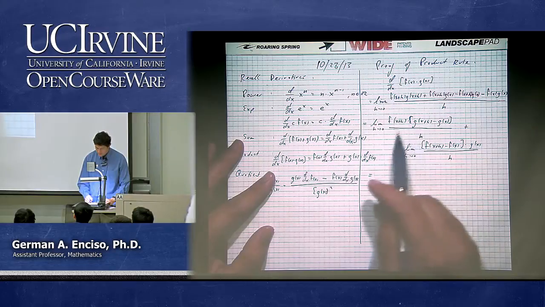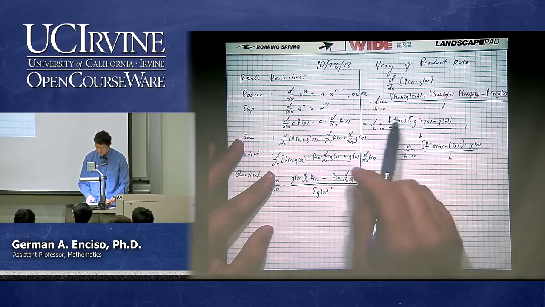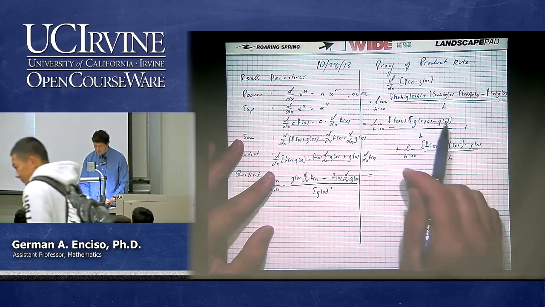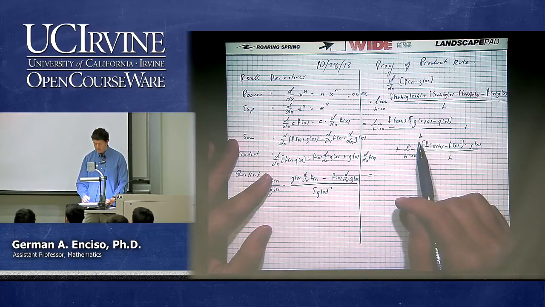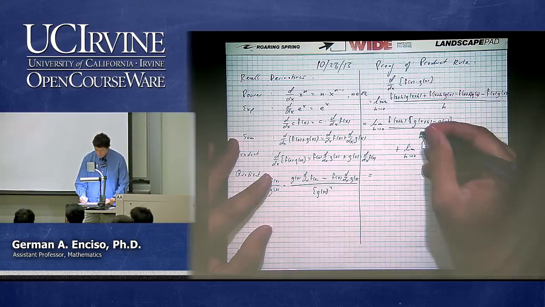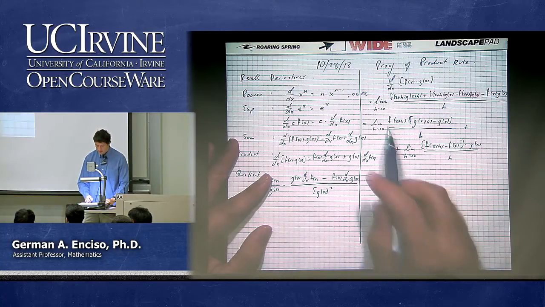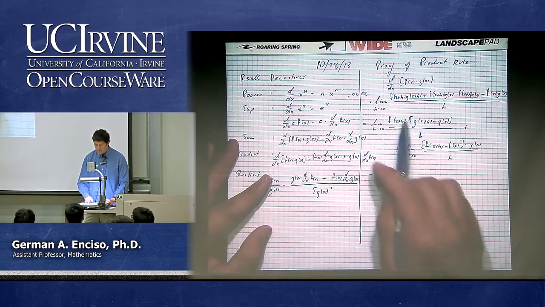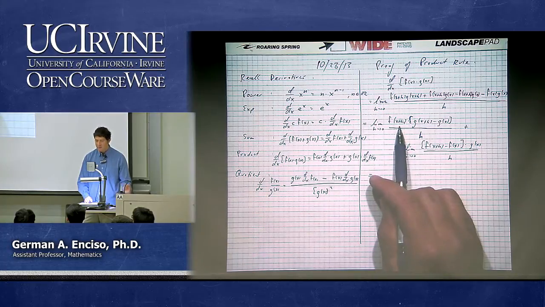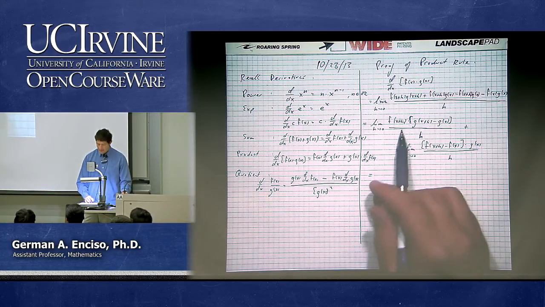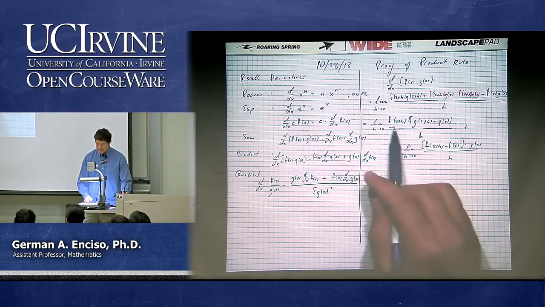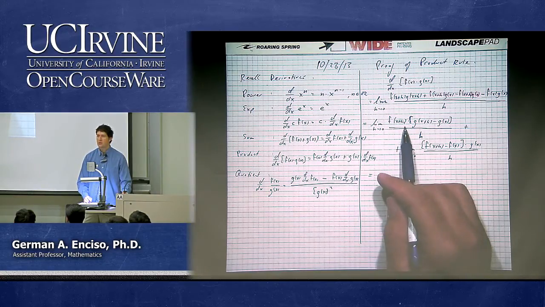What happens if you forget about this f of x plus h? What happens with this expression over here? G of x plus h minus g of x divided by h. Derivative of g, exactly. And when we multiply it by f of x plus h, we have something that's different. But remember, h is becoming closer and closer to 0. As h becomes closer and closer to 0, f of x plus h becomes closer and closer to f of x. That's right.